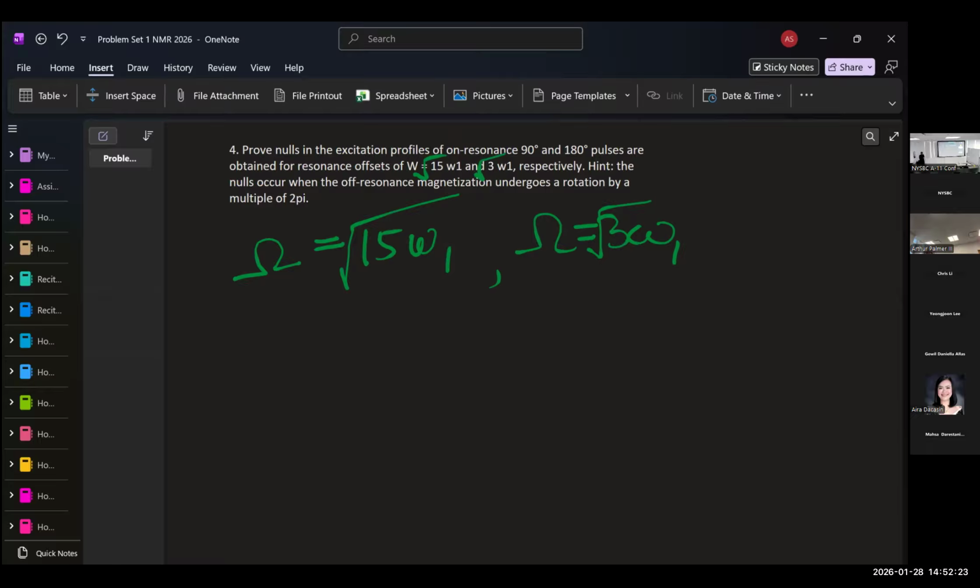Okay, so given an arbitrary offset along Z and a nutation frequency or Rabi frequency of omega 1 along X, that's what's happening, right? In the rotating frame, I have an offset capital omega along Z, and a Rabi frequency omega 1 along X. Then what is the effective magnetic field experienced by the magnetization, by that bit, which has an offset capital omega?